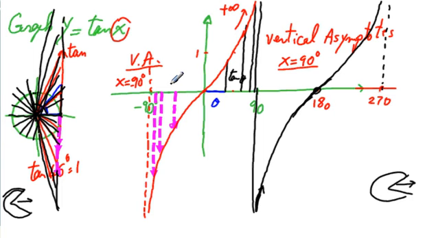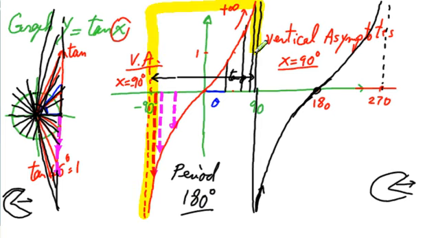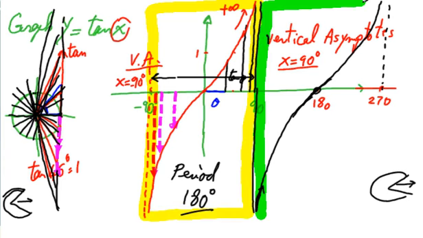So what we see in the tangent is that it has a cycle that is just this long. The cycle of it, or the period of it, is 180 degrees, unlike sine and cosine that were 360. This is your tile. You put that tile next to itself, you get the second piece of this puzzle.